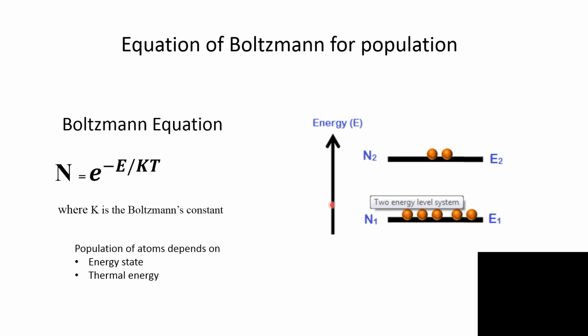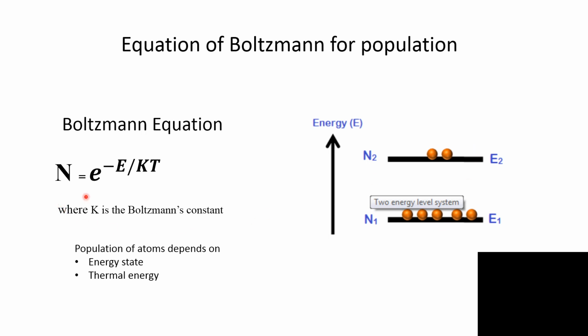So here we have a picture of a two energy level system. This is the first, ground state, energy level E1. This is energy level E2. It has population N2, and E1 has population N1. So by using this Boltzmann equation, we can find out the population of different energy levels.